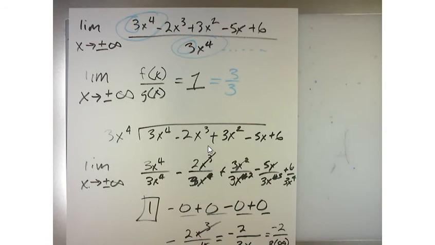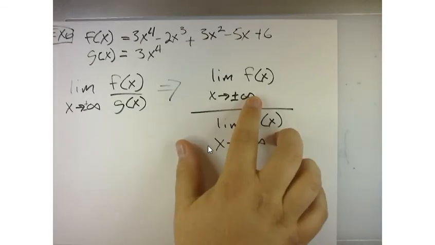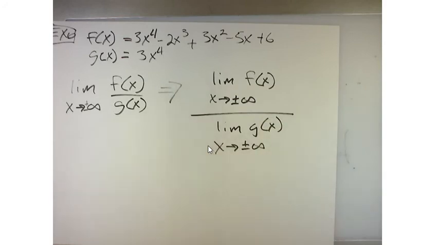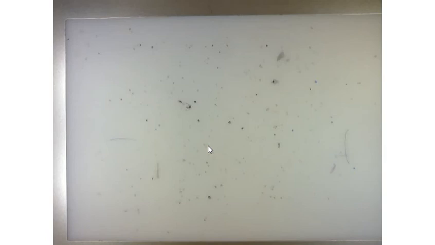Now graphically, I could have done this the other way too, and I'm not sure we're going to because of time. I could have taken the limit of f of x and the limit of g of x as x approached infinity, and then compared the two. But we'll do that at another time. Actually, you can't.